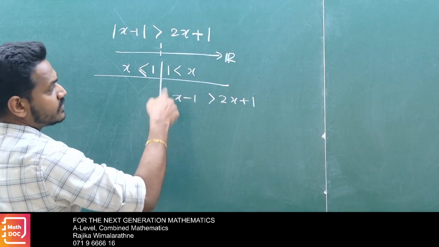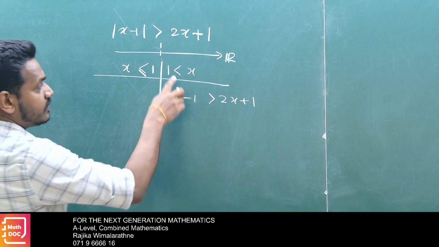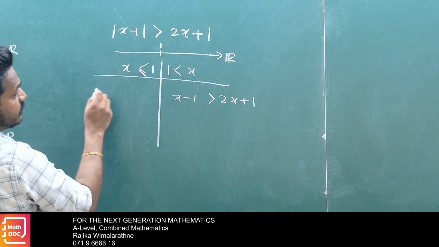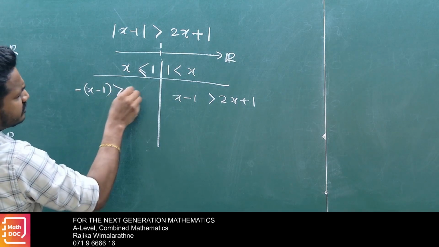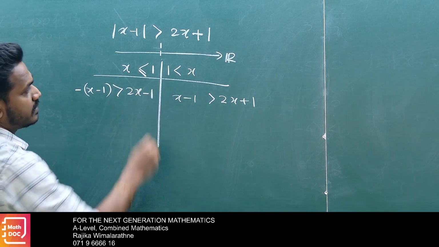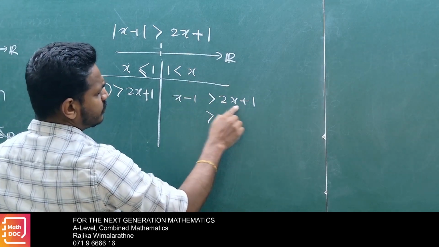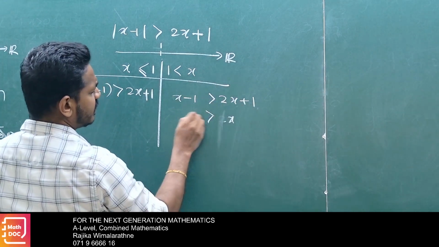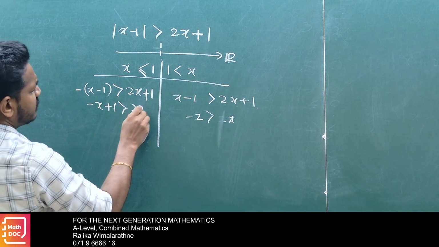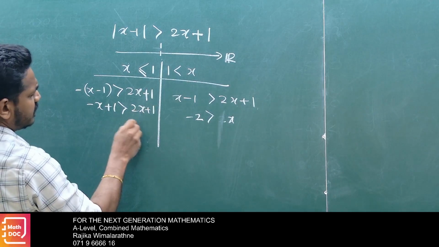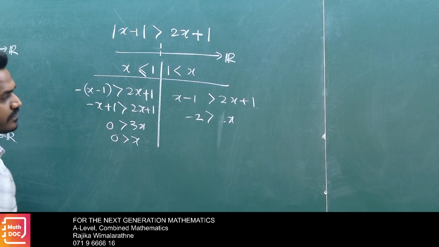Then for less than 1, this part is negative, so to remove that negative you put a minus sign again. Now you evaluate this one. 2x here, x minus 2. Here minus x plus 1, 2x plus 1. Here 3x, 0, x less than 0.